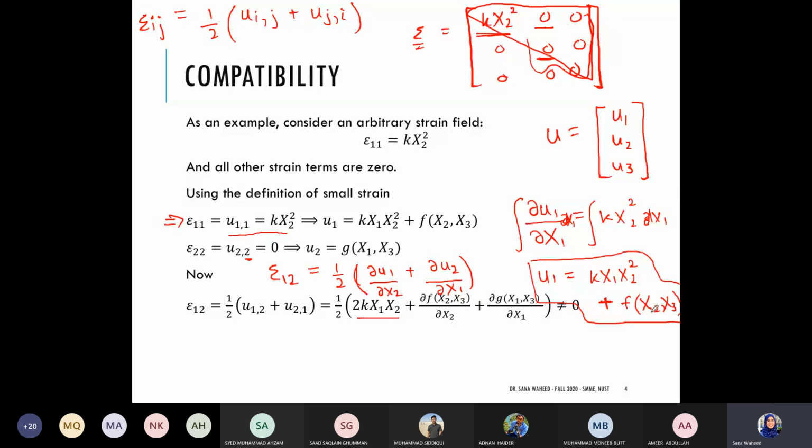Since it is a function of x2 and x3, its partial derivative with respect to x2 exists, so I've just written that one down as it is. I don't know what it is, so I have to just write it as del f over del x2. So this is u1 with respect to x2 done. Now let's see u2 differentiated partially with respect to x1. What was u2? It was this one.